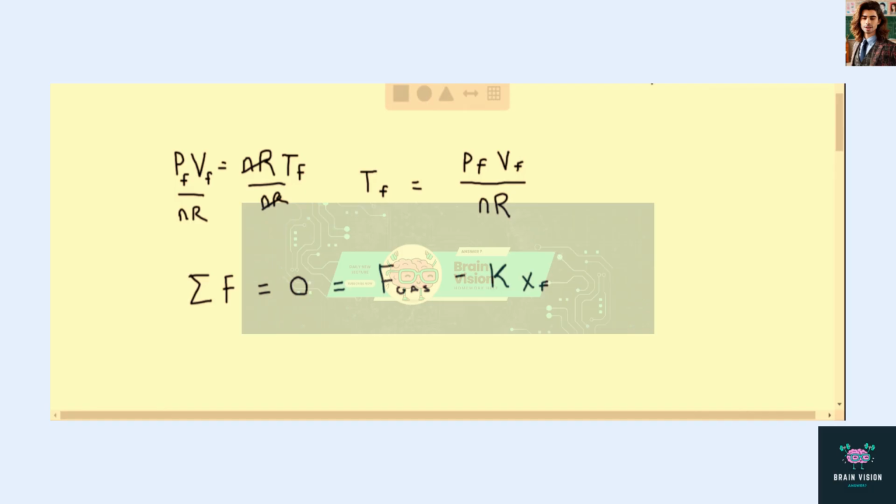If we were to rearrange this, just add this kx to the other side, and actually I'm going to name this F final for the force in the final situation, we would have something like F final is equal to k x final.